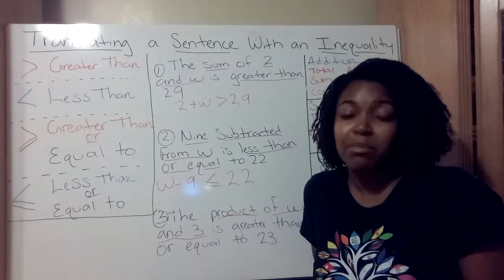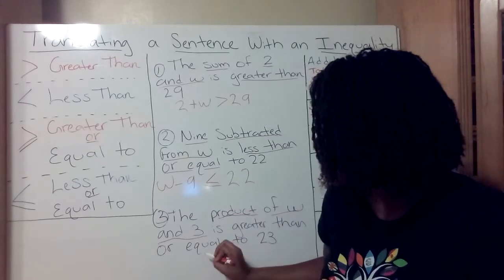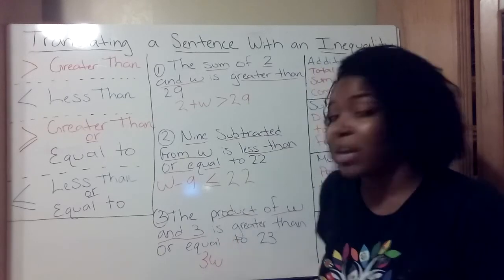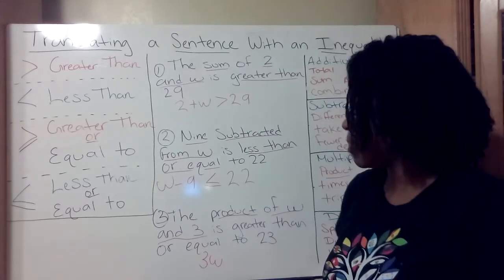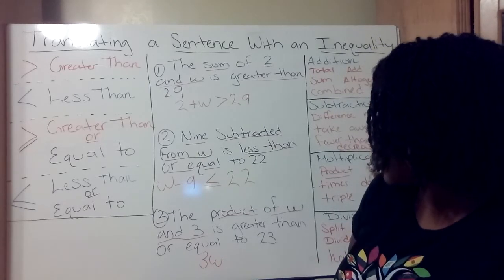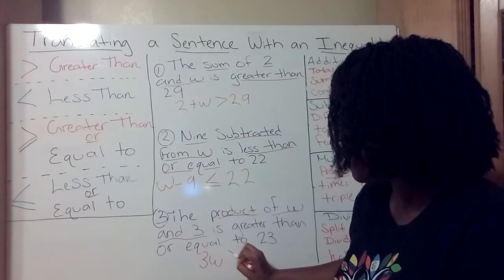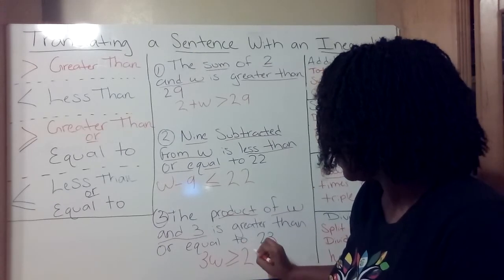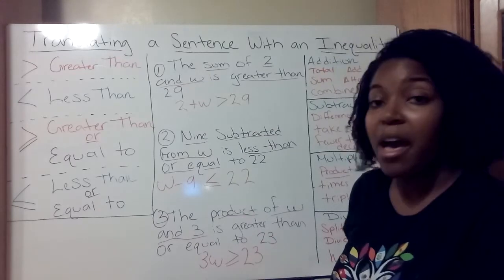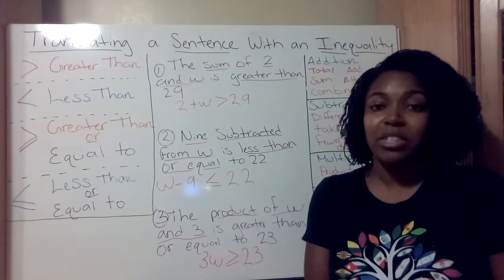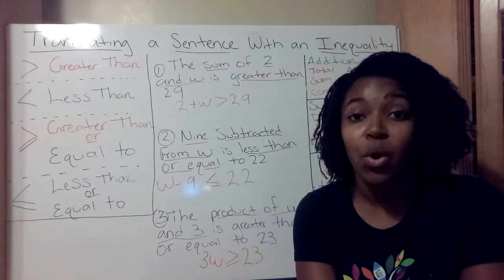I can write 3 times W. I'm going to use good math grammar and phrase it as 3W and write 3 as a coefficient out in front of W. So 3 times W is greater than or equal to 23. Greater than or equal to 23. And that's it.